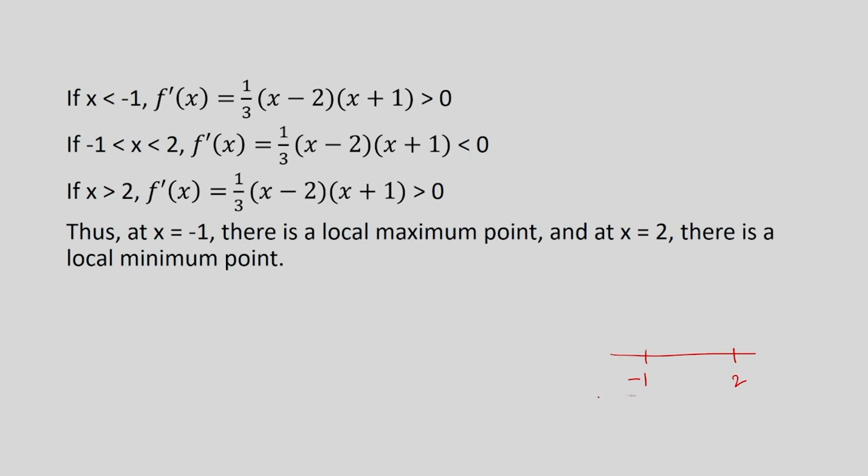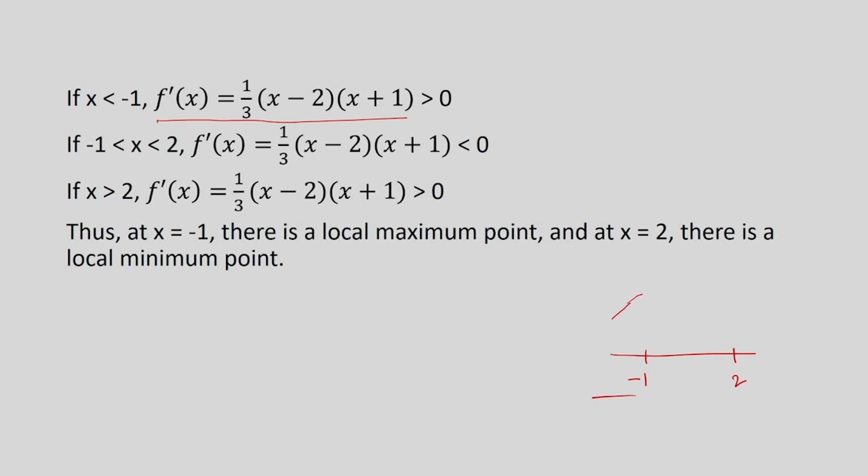To the left of x equal to minus 1, let us see what is the value of the function. The value of the function turns out to be positive. Value of the function means f dash of x. So, here to the left of minus 1, the function is rising. Here obviously it is a stationary point, so the derivative is 0.